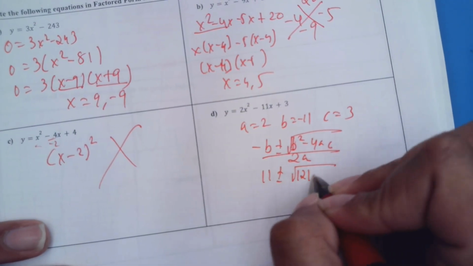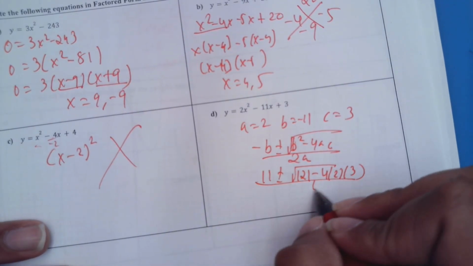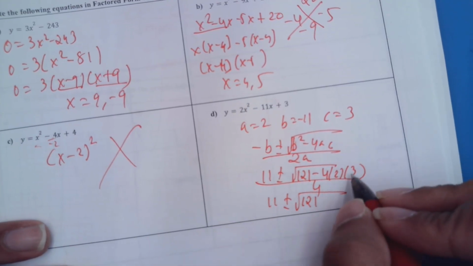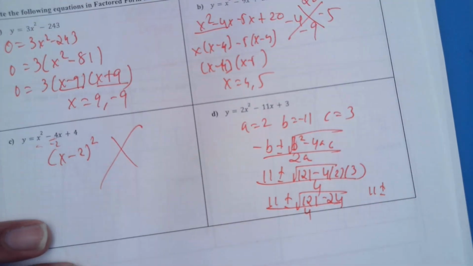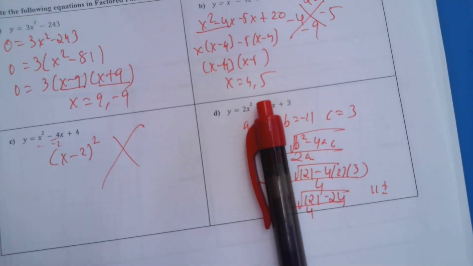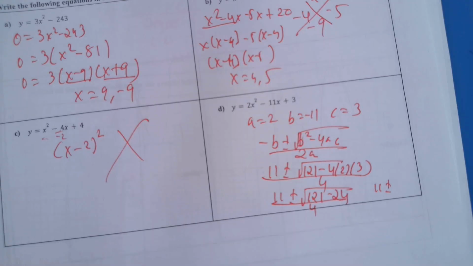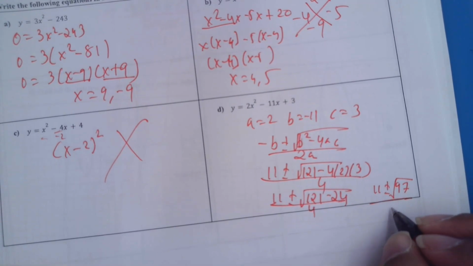Negative 11 squared is 121 minus 4 times 2 times 3, over 4. 4 times 2 is 8, 8 times 3 is 24. 121 minus 24 is 97, so it's 11 plus or minus root 97 over 4.